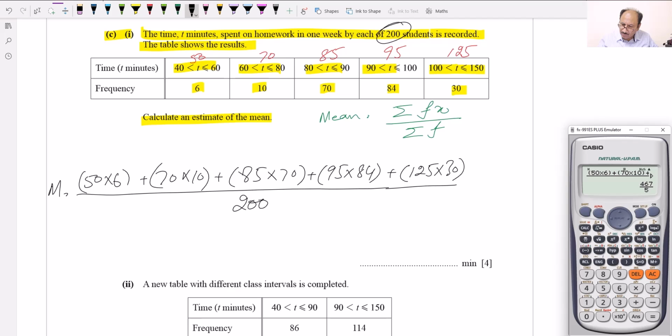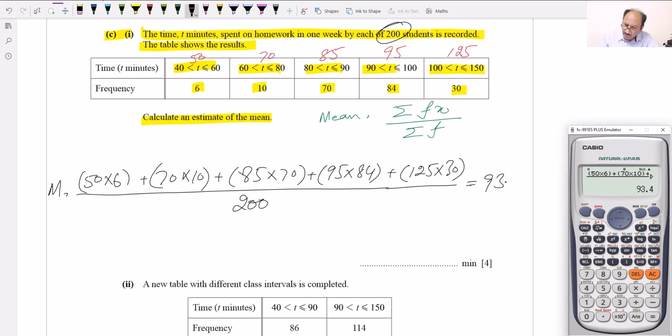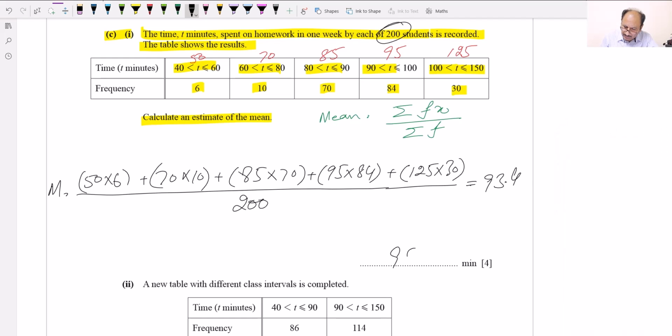This is equal to 467 over 5, which as a decimal is 93.4. So 93.4 will be our final answer, and this is for 4 marks.